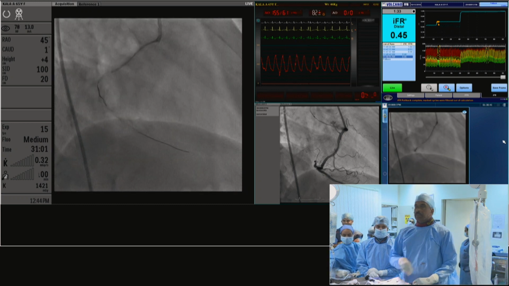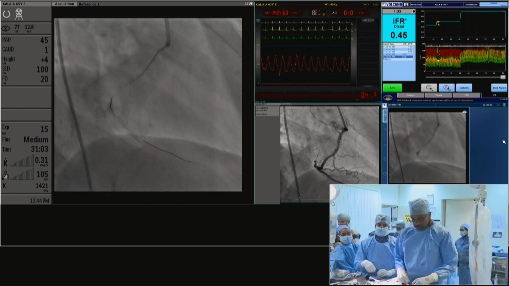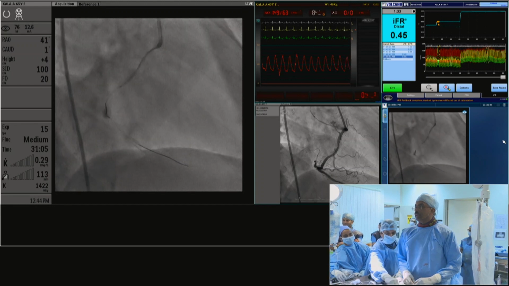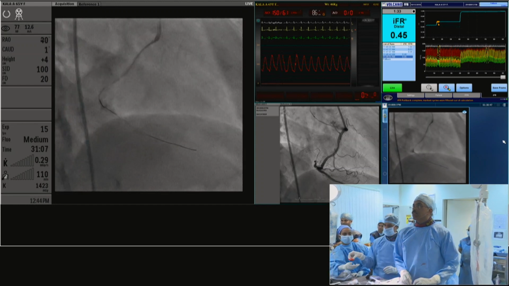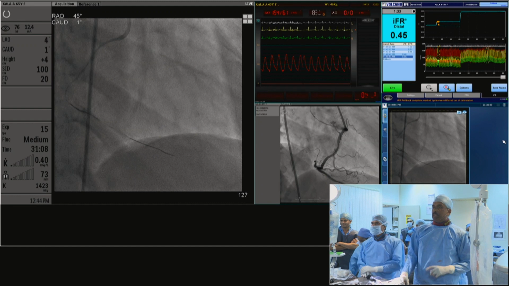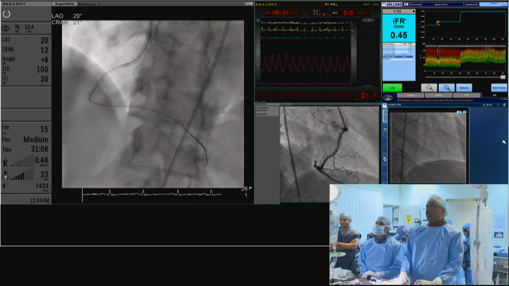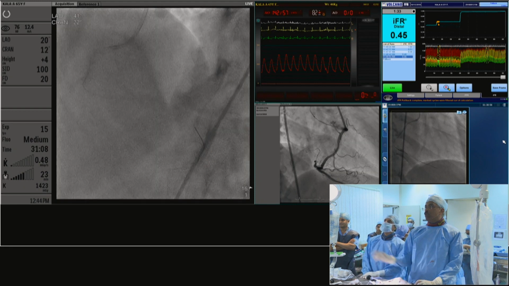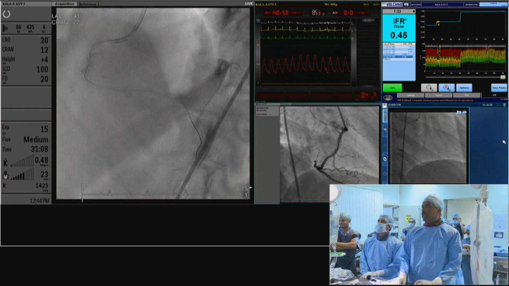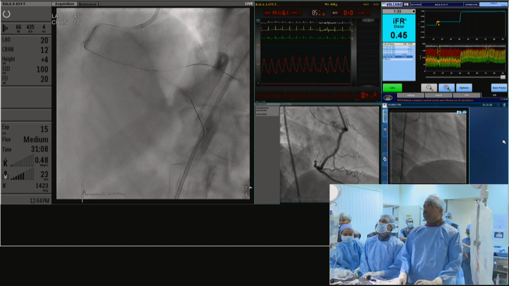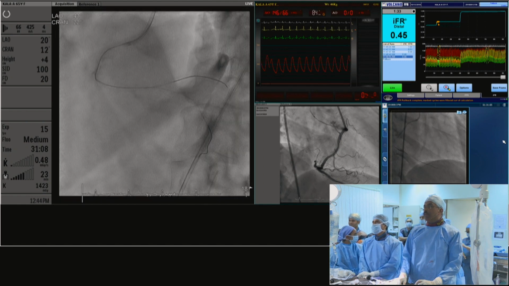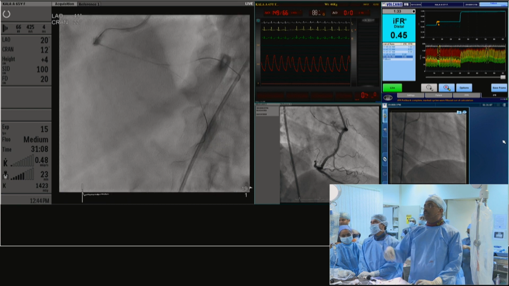Because we may be running out of time, I want Dr. Ajit to say. Go ahead, Ajit. So what we did, can we show back all the back pictures? We passed 2 wires, we post-dilated with a 3.0 balloon, and we got a 2.5 by 38 Synergy.